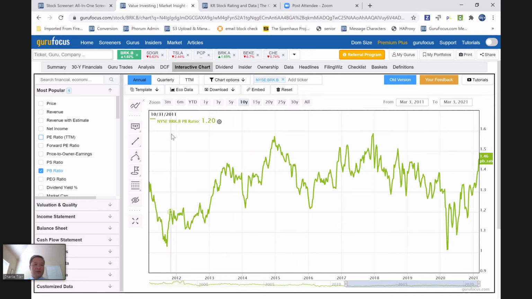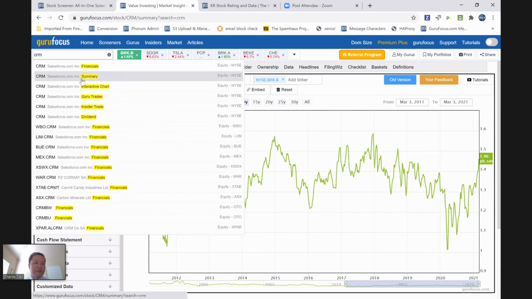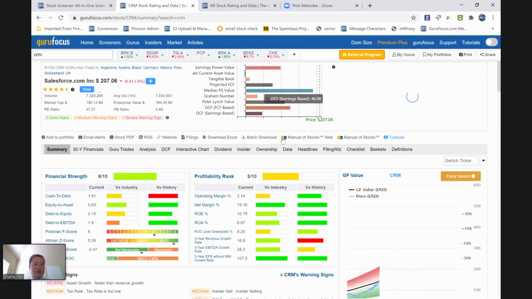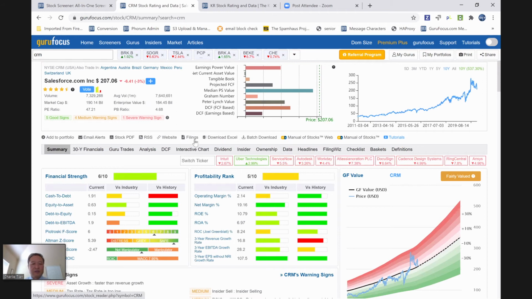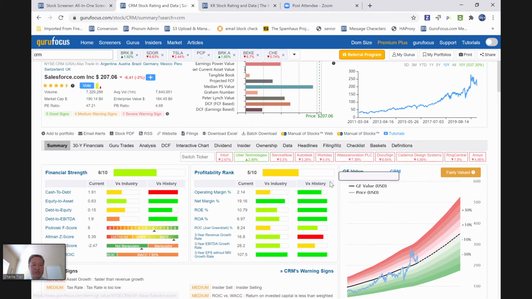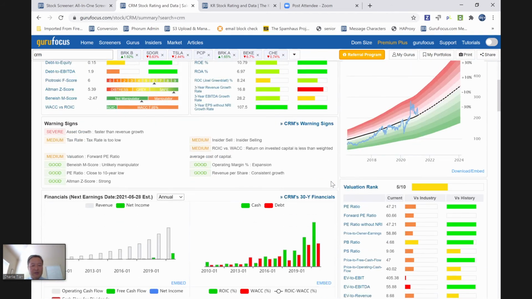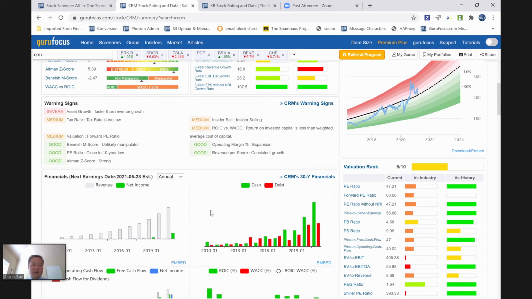Okay, someone's asking about CRM, so I will go through CRM here. It's Salesforce. If I come to the summary page, I personally don't like CRM very much. The reason is that the company has not been making money consistently.